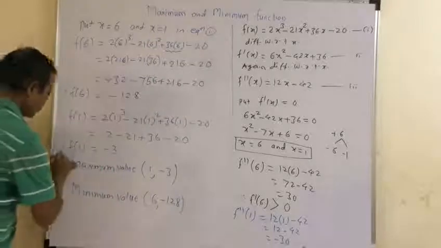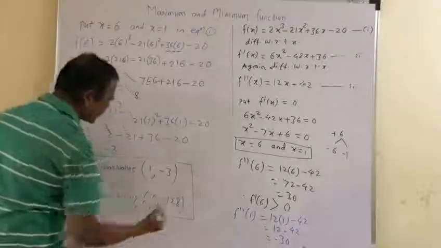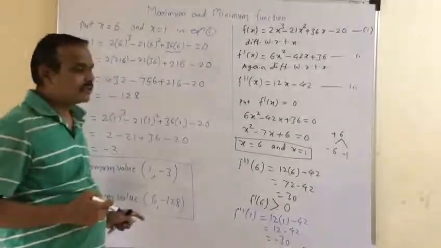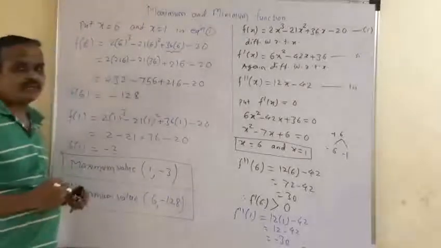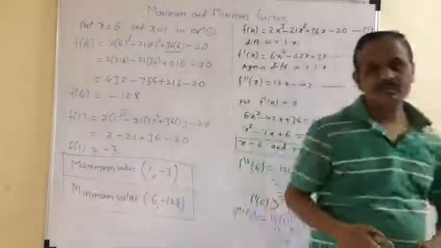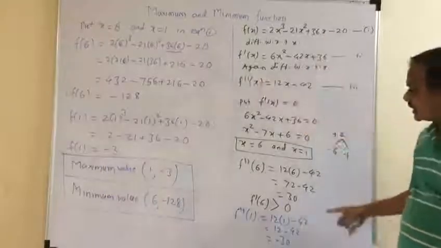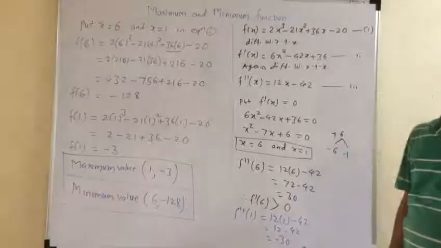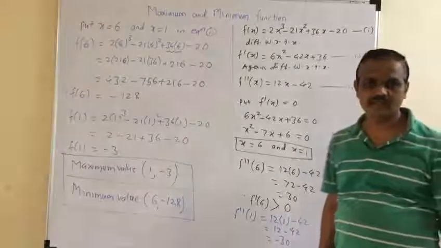Now this is our required answer. In this way, by using these steps we get maximum and minimum values. Now students can note down these steps and this example to understand how to find maximum and minimum values of a given function.